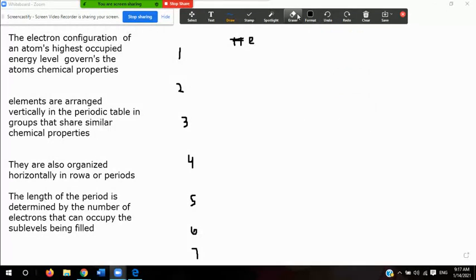I think I can do something better. So in this column, we'll say that it is the number of elements in the period. And then the other column is the sublevels in order of filling.